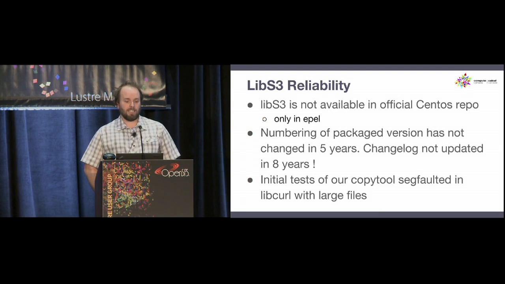In our initial tests with libs3, our Copytool segfaulted under stress. Copying multiple large files will usually end up with a segfault, either in libs3 or in libcurl, the HTTP library.